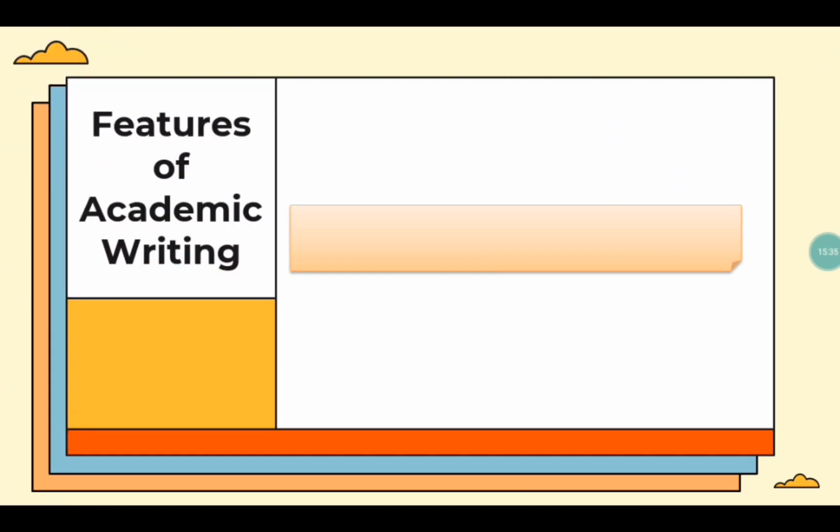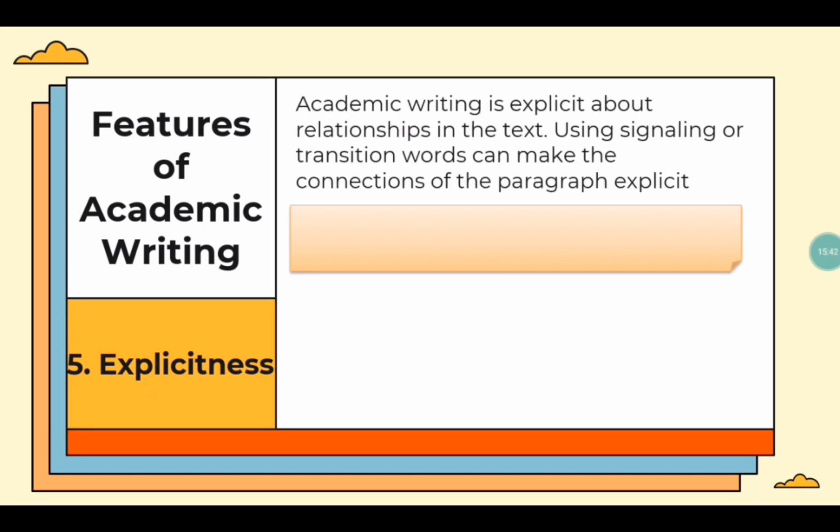Academic writing should have explicitness. Academic writing is explicit about relationships in the text. Using signaling or transition words can make the connection of the paragraphs explicit.